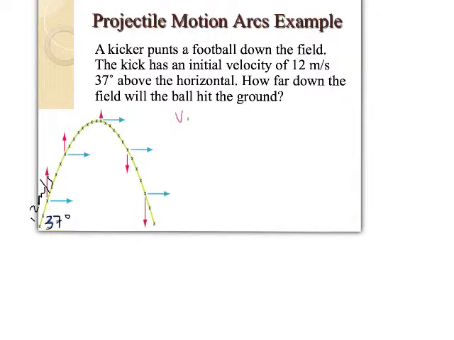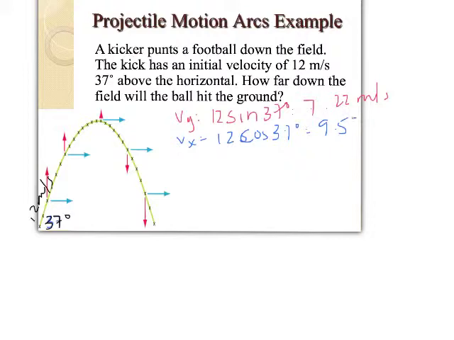So Vy is going to be 12 sine 37 degrees, which is equal to 7.22 meters per second. Vx is equal to 12 cosine 37 degrees, which is equal to 9.58 meters per second.